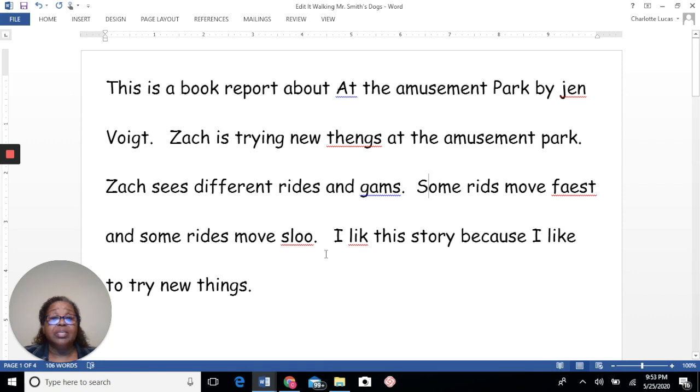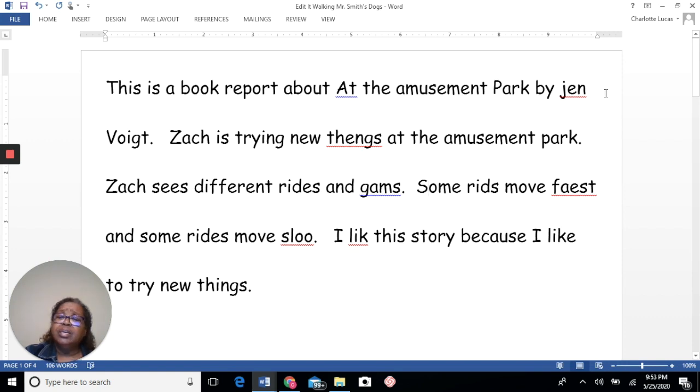That was very easy. All right, let's read what we have and see if we need to do any more capitalization or punctuation. This is a book report about At the Amusement Park by Jen Voigt. Oh my gosh. Here we have someone's name, Jen Voigt. Well, the last name is capitalized. That's correct.